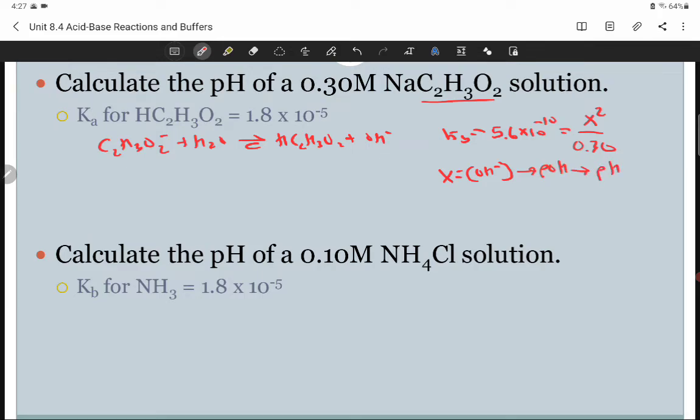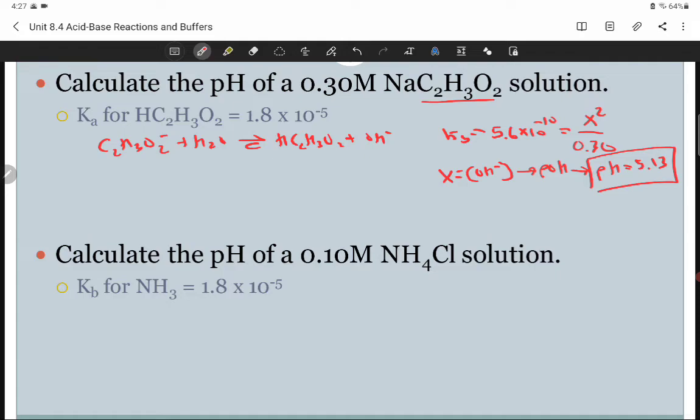I'm going to speed this up a little bit because we've done these kinds of questions a number of times. We just haven't added all these steps. But I'm pretty confident that you guys can take the x value, which is hydroxide, and turn it into a pOH and turn it into a pH. But the pH will be 5.13.